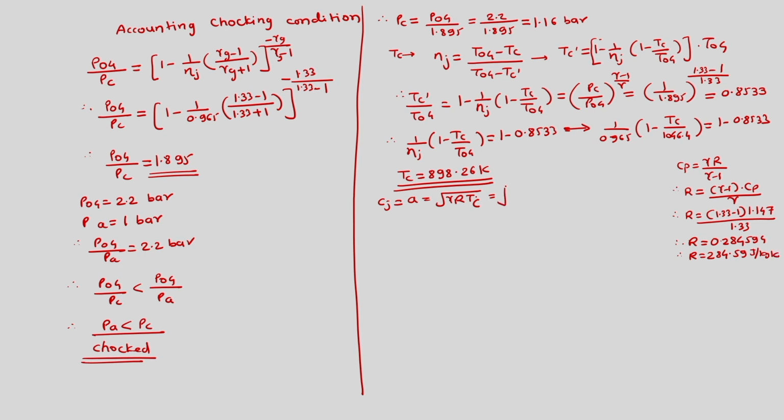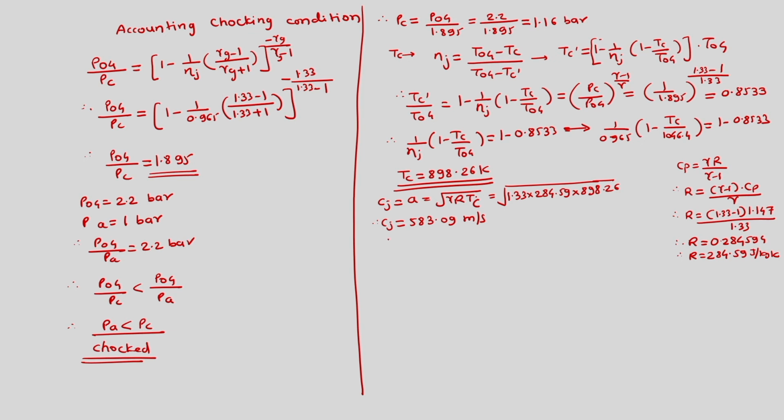Now we can use this R here, where gamma is 1.33, R is 284.59 into Tc, which is 898.26. This gives us Cj equal to 583.09 meter per second.